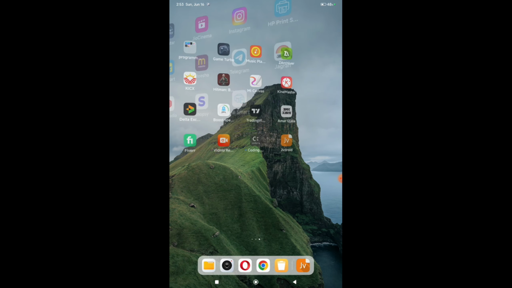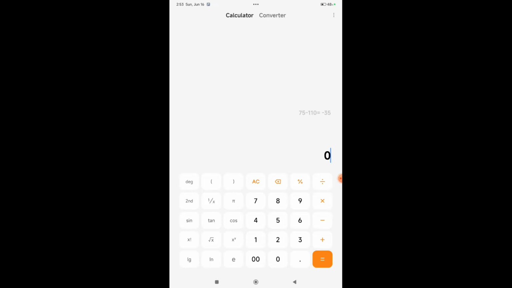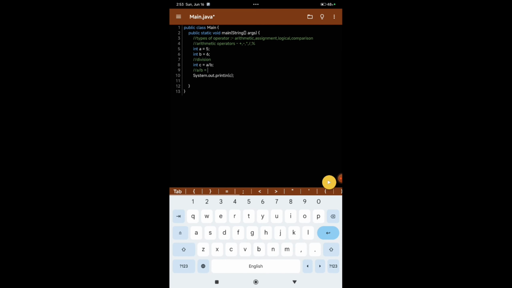Quickly let's open the calculator and see what happens. 5 divided by 6. Now you can see it is a decimal, but it will not come in decimal. Why? Because an integer variable always stores an integer value. It cannot store a decimal value.